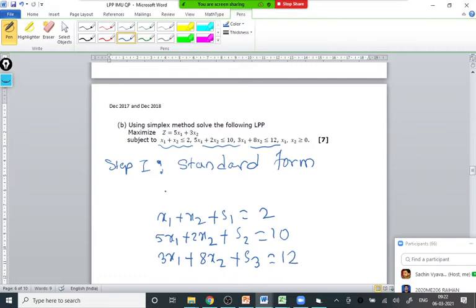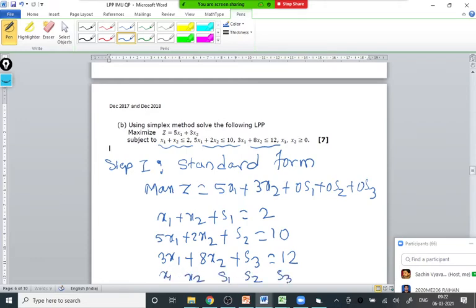And now the objective function will be converted as maximize z, which is 5x1 plus 3x2 plus 0s1 plus 0s2 plus 0s3. We give a 0 coefficient to them, and obviously all these variables x1, x2, s1, s2, s3 are positive.